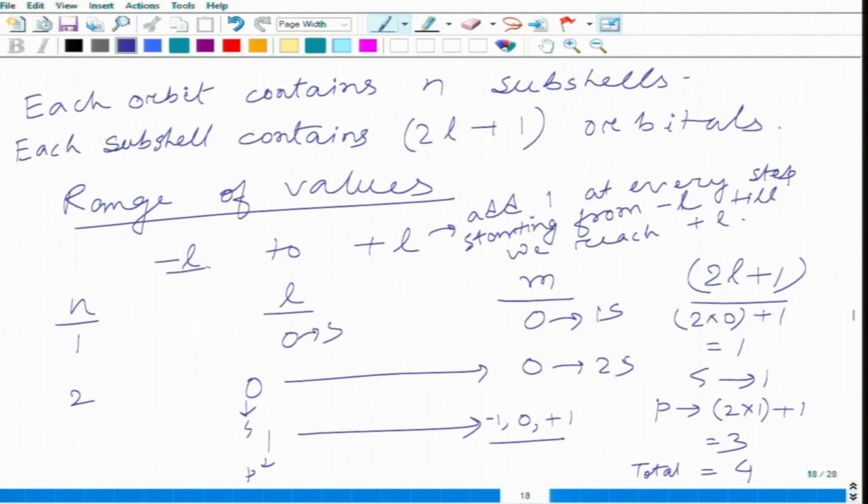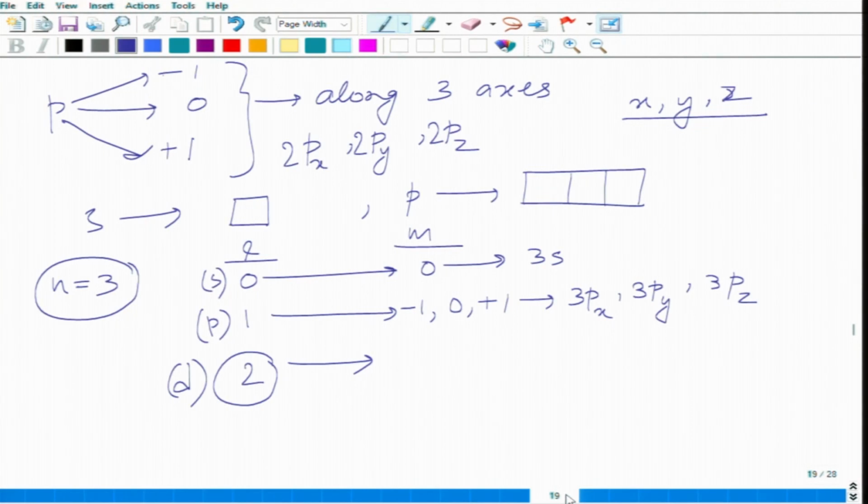This is from minus L to plus L. So we will start with minus 2. We add 1 and we get minus 1, then we get 0, then plus 1, then plus 2. So, a total of 5 orbitals.